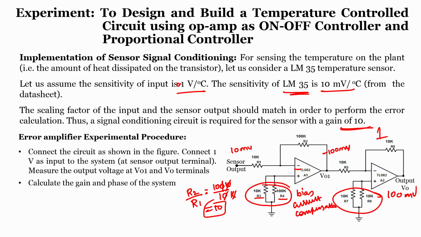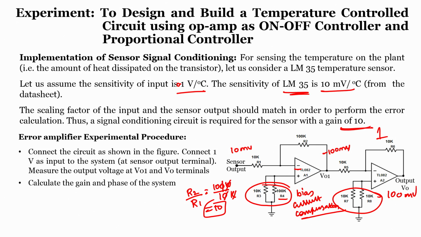To compensate for the bias current of an operational amplifier, if I connect R2 and R1 in parallel, it can be completely compensated. That is the reason whatever resistors we are choosing here, R1 and R2, have been connected in parallel, so that it is also compensated for the bias currents too.